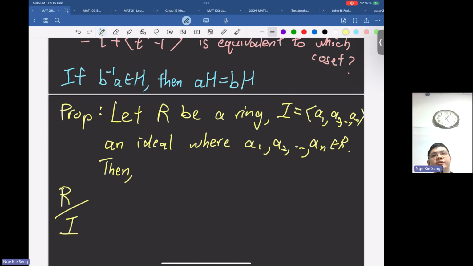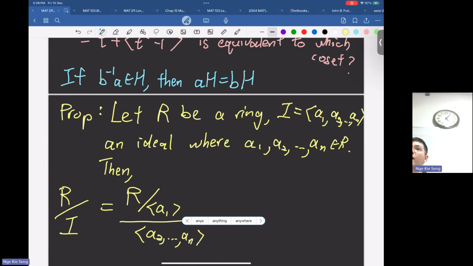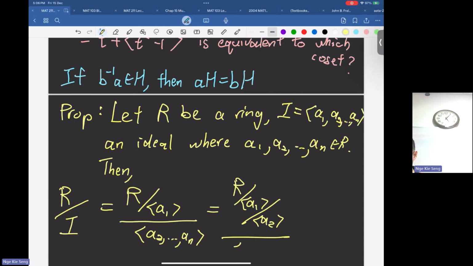Actually, what I can do is quotient it one by one. I can quotient it by the principal ideal generated by A1 first, and then quotient by the principal ideal generated by A2 again. And then I can do it inductively, one by one.